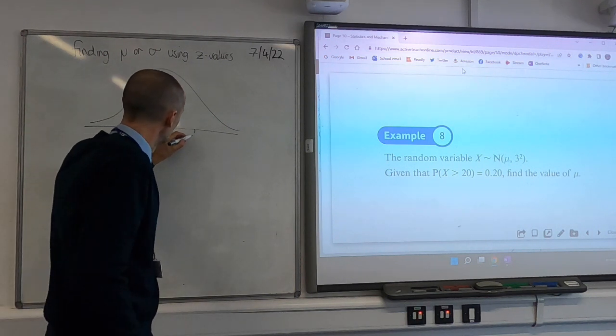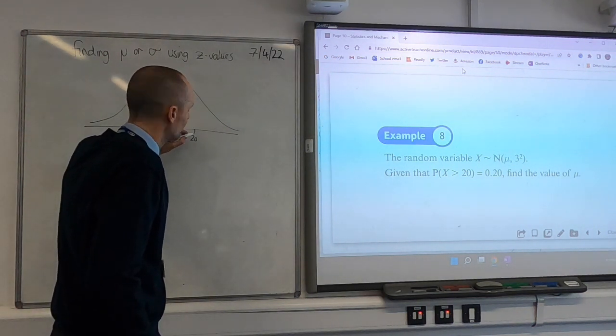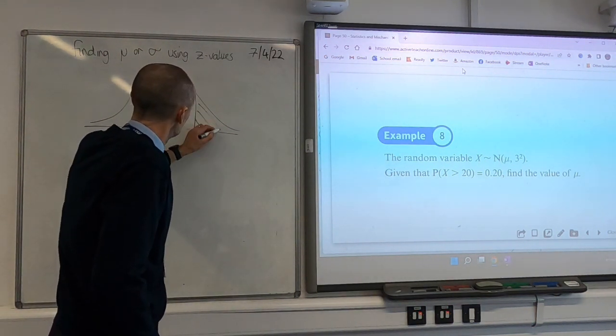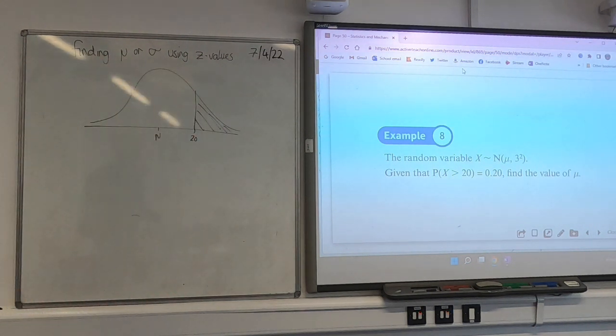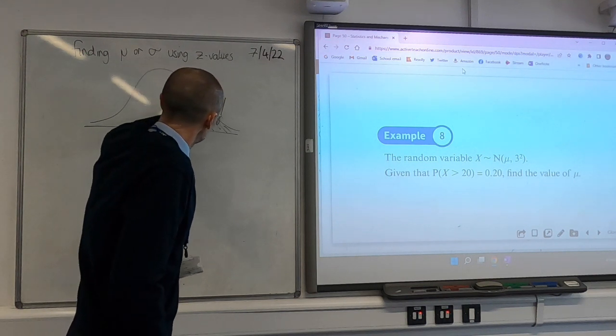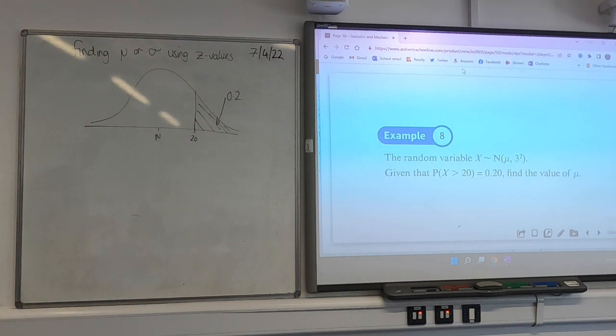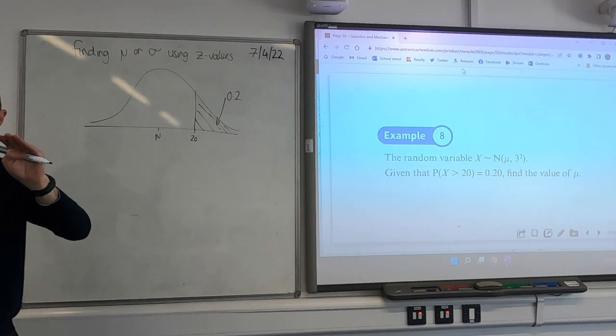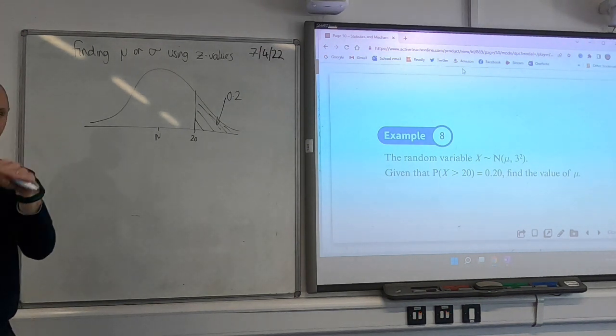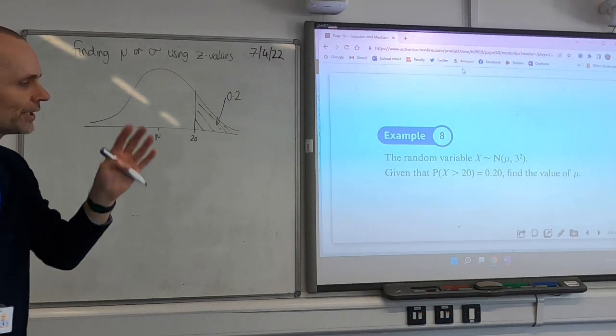It'll be, I don't know, somewhere here. But I can't use my calculator because I don't know the mean. The calculator insists you type in the standard deviation and you type in the mean, and then it'll tell you all you need to know.